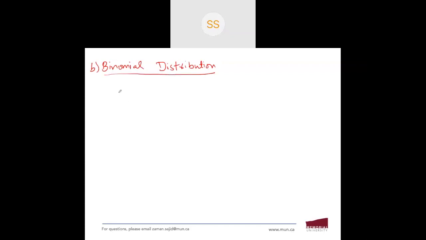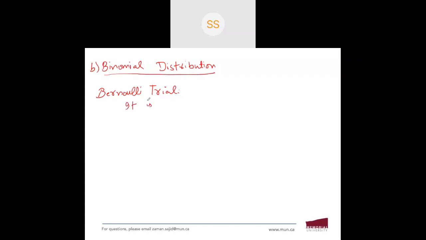Now, in order to define this binomial distribution, we need to know something which is called the Bernoulli trial. How do we define the Bernoulli trial?